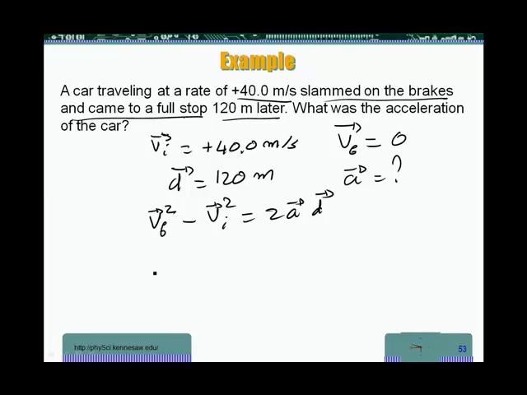Now, we know Vf, 0, minus plus 40 meters per second, squared, and that's equal to twice A, what we are trying to find, times 120 meters.